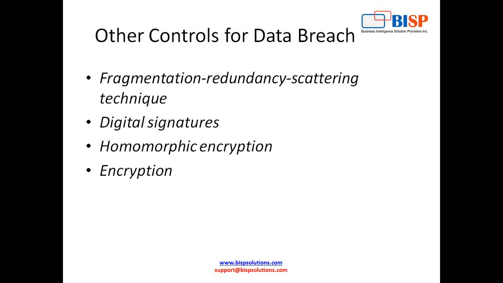And the last one, the very famous encryption, uses advanced encryption techniques such as AES and SSL, Secure Socket Layer technology. With this encryption, controls for data breach can be implemented. So these are all the vulnerabilities and control measures of data breach.